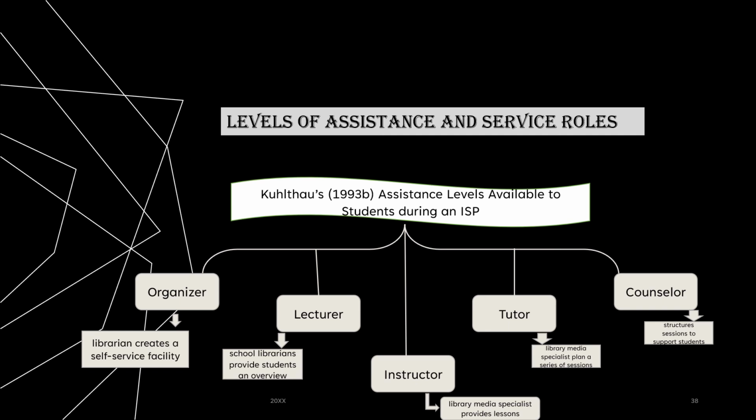The advisor or tutor level. Providing instruction at the advisor or tutor level requires that the library media specialist plan a series of sessions to demonstrate the sequential use of a variety of information resources. The counselor level.